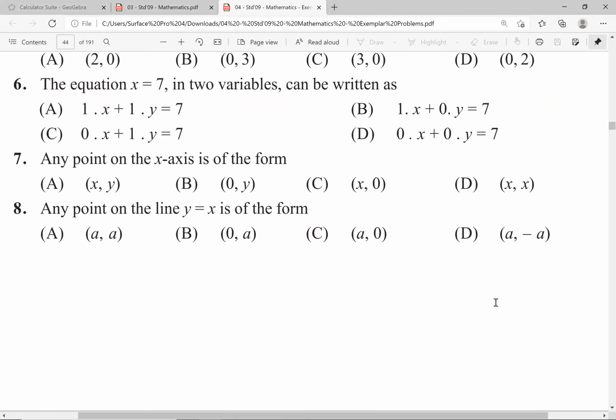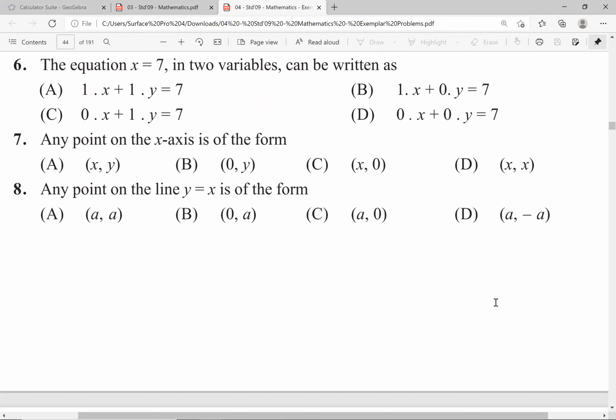So we talked about the fact that x is equal to 7 is a linear equation, but it just has one variable. So how can this be rewritten as a linear equation in 2 variables? The first one is 1 into x plus 1 into y is equal to 7.